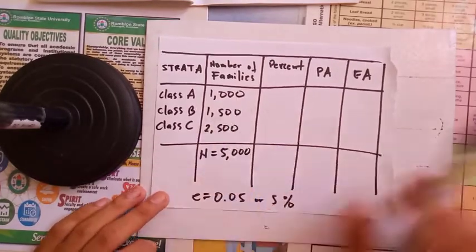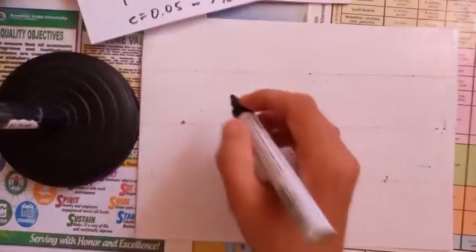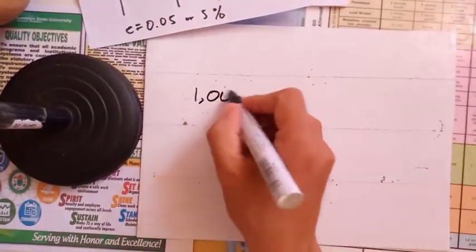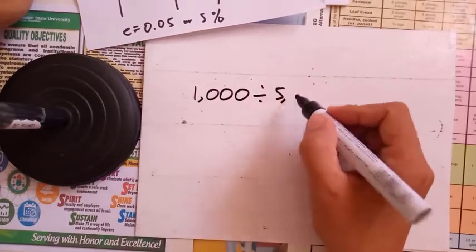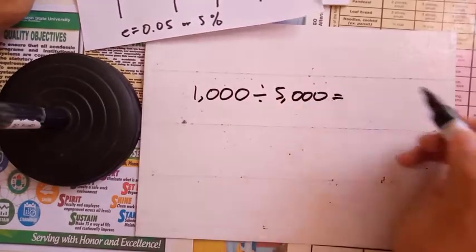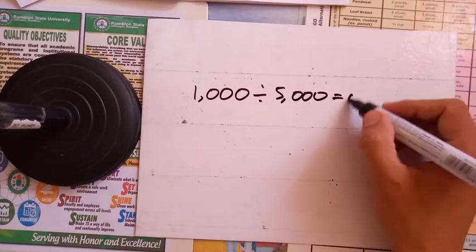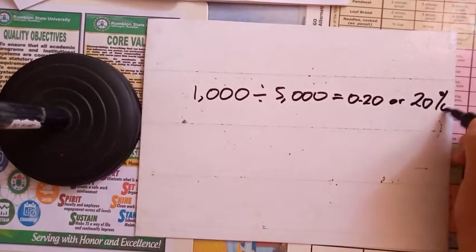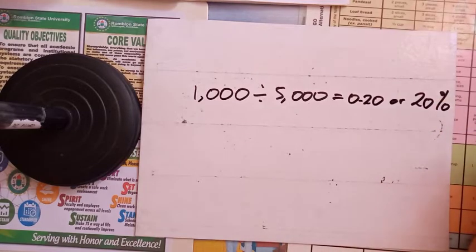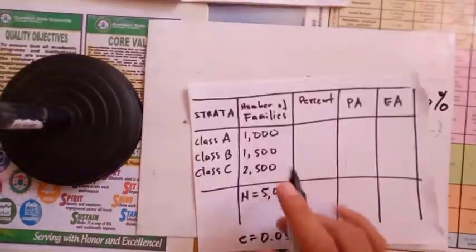So that will be 1,000 divided by 5,000. The answer would be 0.20 or 20%.